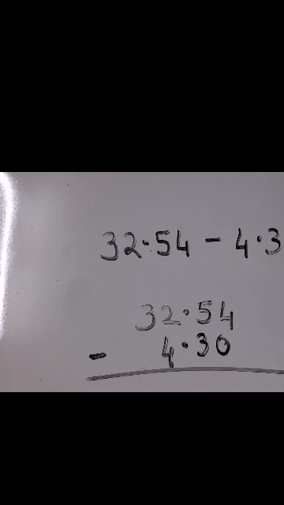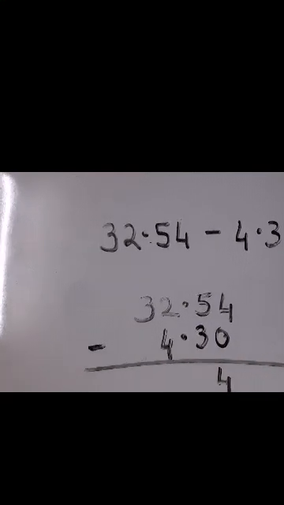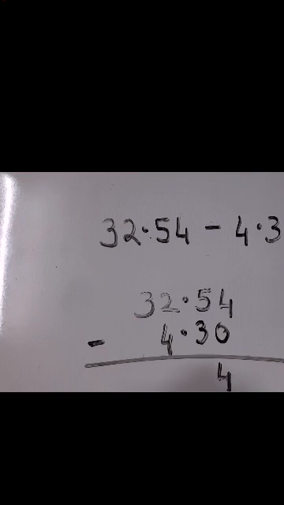From where do you start, children? From which side? Yes? We start from the right side. So 4 minus 0. Now children, see here, this is a bigger number. Okay? 4 minus 0. So that will be 4. Now 5 less 3, that will be 2.